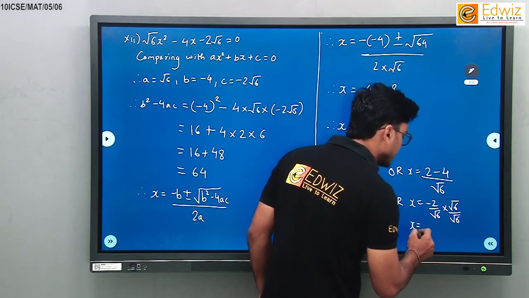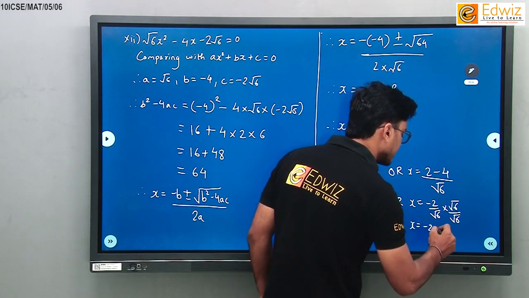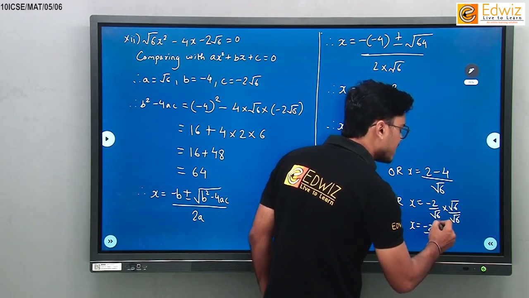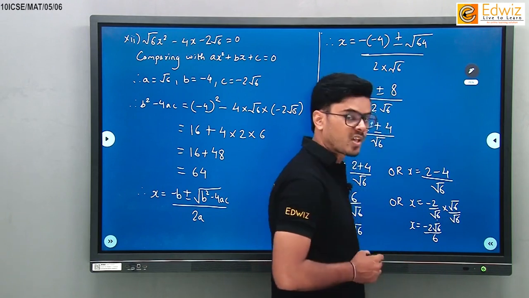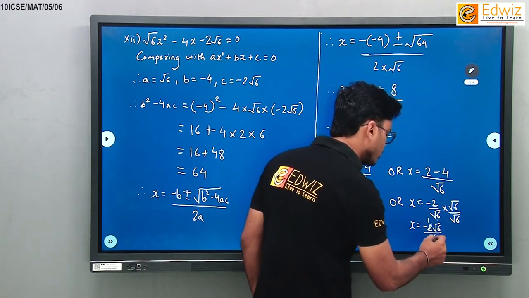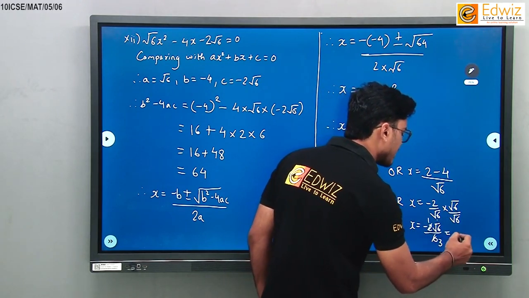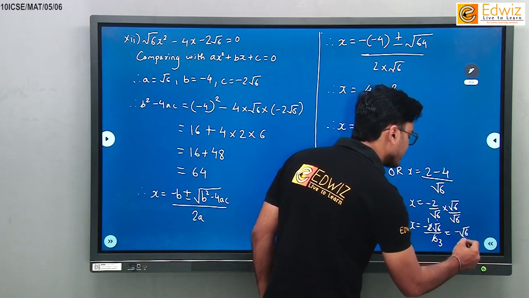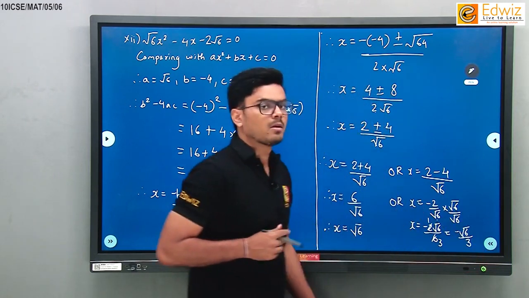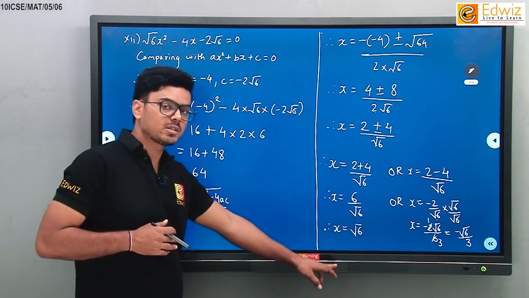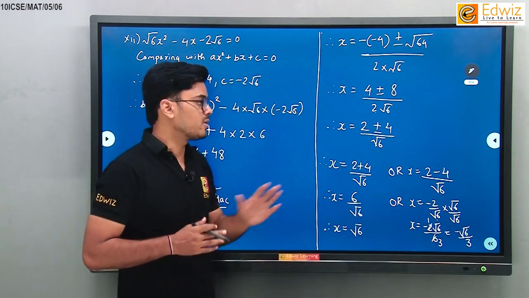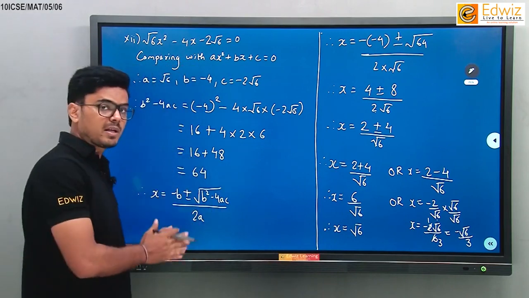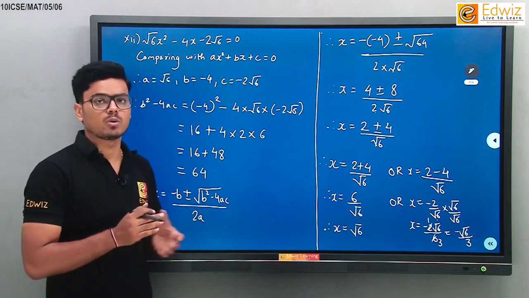So x will become equal to minus 2 root 6 in the numerator. In the denominator, root 6 into root 6 will become just 6. Correct? So 2 1s are 2, 2 3s are 6. The answer will be minus root 6 divided by 3. Okay, so the solution for x is root 6 or minus root 6 by 3. I hope you understood this, right? So I'll give you 1 minute to note this down, then we will conclude the session.